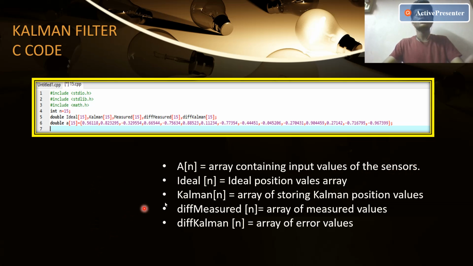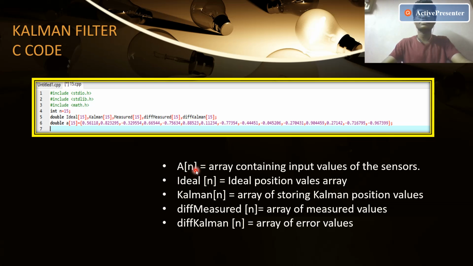Let's assume that in the battery management system there will be two arrays, current sensor and voltage sensor. Each array will have continuous values of the sensors. For example, continuous values of the current sensor will be present in this array. But for the sake of our project, we are taking only n number of iterations, meaning n number of sensor values.